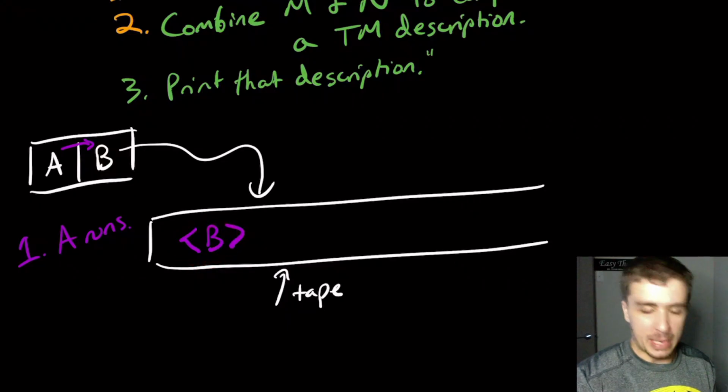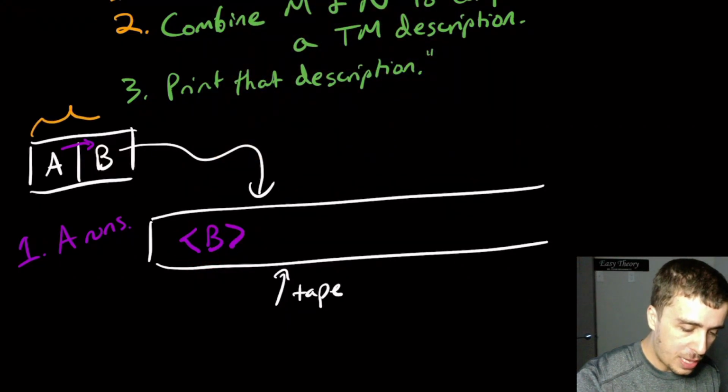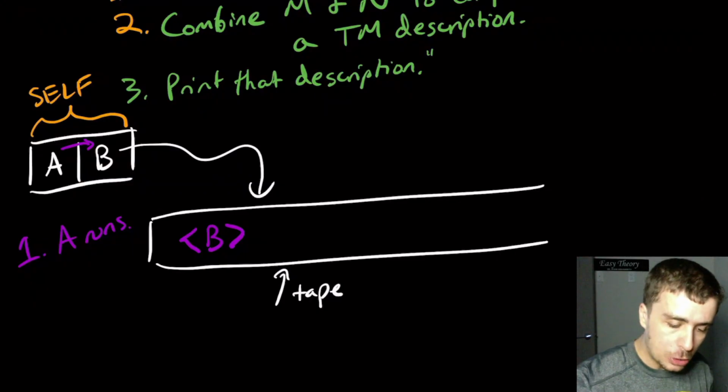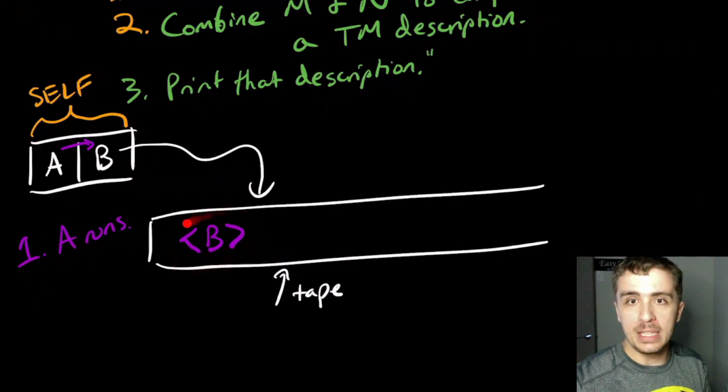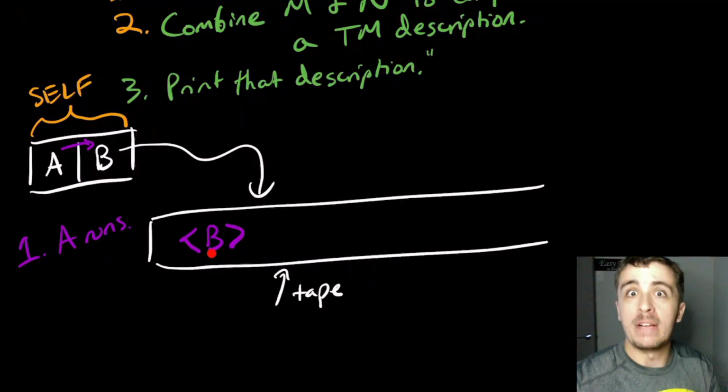One thing to note is that this whole thing right here is the self machine that just prints itself. We haven't actually achieved that at this point because we have the B machine and that's it. We need the A machine in front of the B part, but we'll eventually get there.